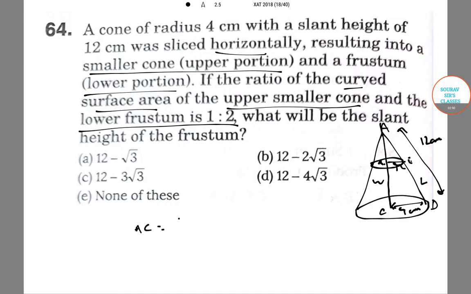AC is equal to root over 12 squared minus 4 squared using Pythagoras theorem. So we get this to be 8 root 2. And also now ACD is a right angle.